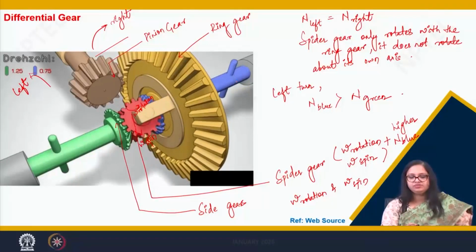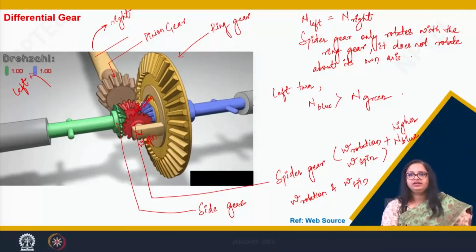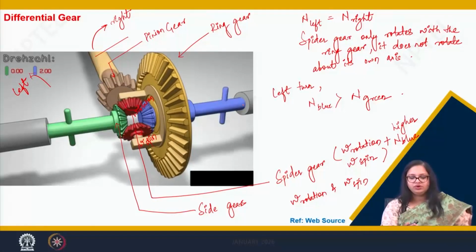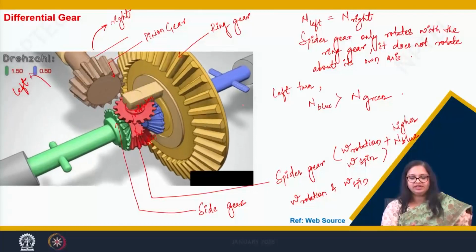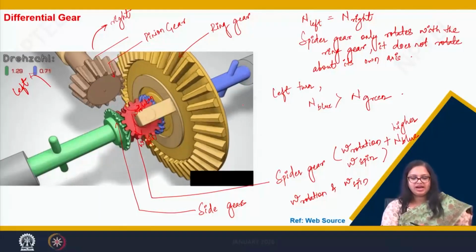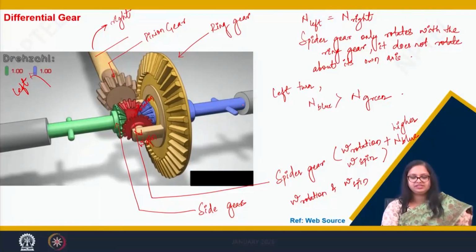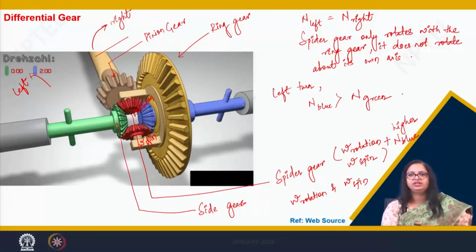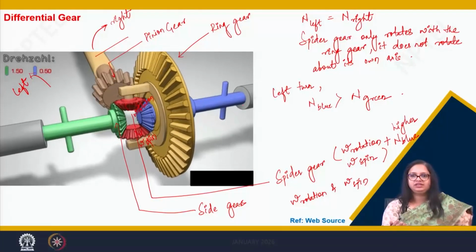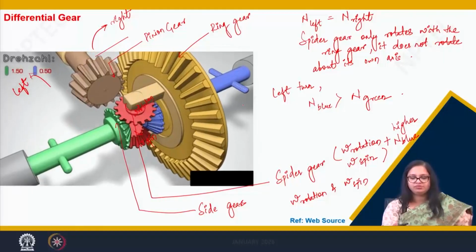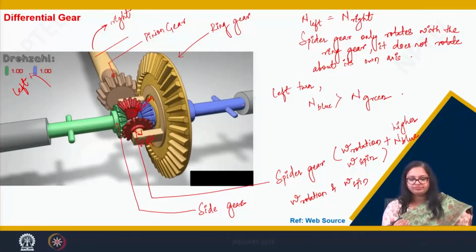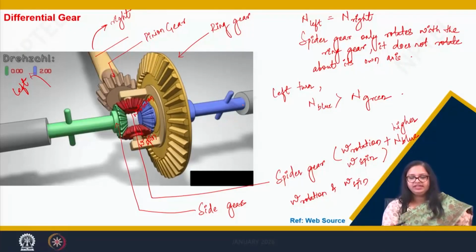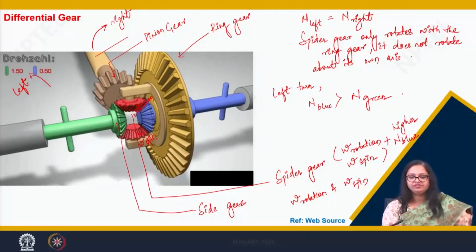Likewise, when the vehicle has to take a right turn, the omega rotation and omega spin get added up for the green one, and the left hand side wheel starts rotating at a higher speed. There will be a difference of omega rotation and omega spin for the right shaft.